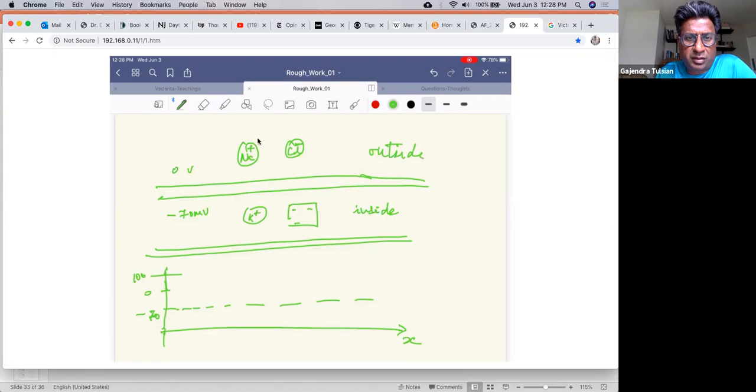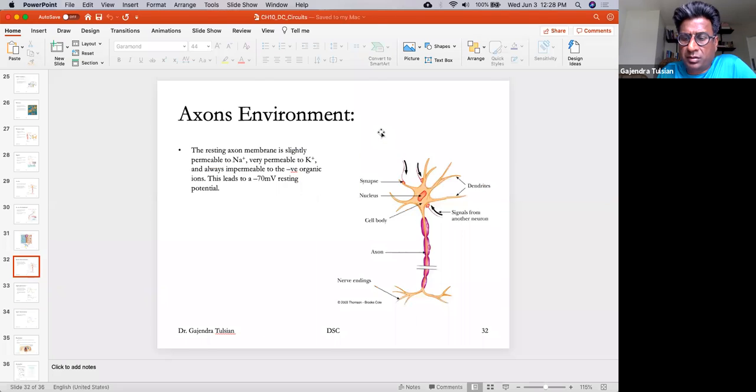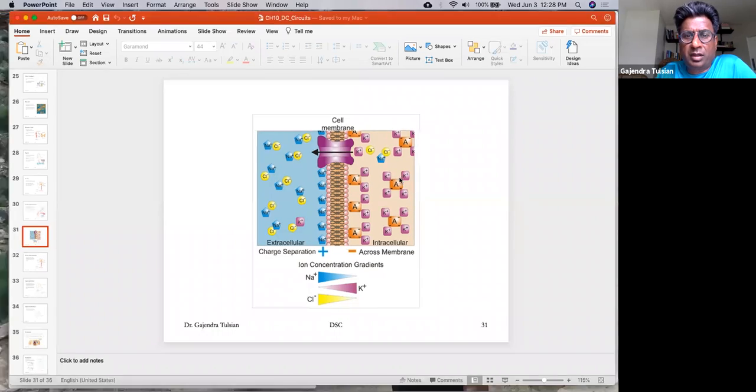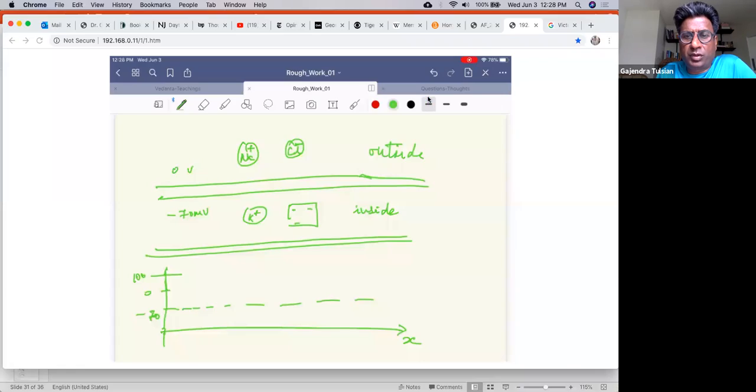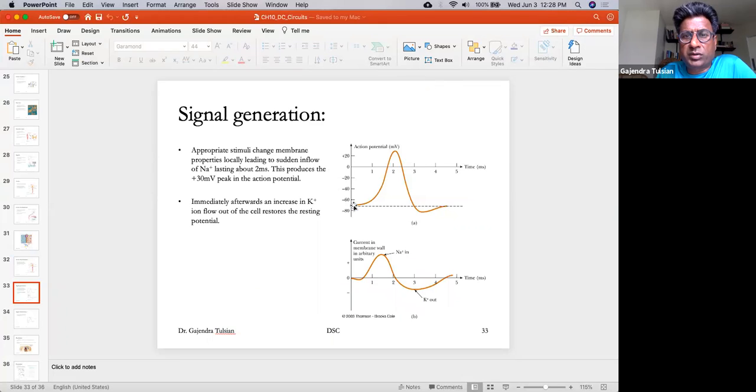Remember, there was a whole bunch of sodium ions. Suddenly the membrane becomes permeable to sodium ions, so a whole bunch of sodium ions come in. Now the inside that was negative will become positive potential.